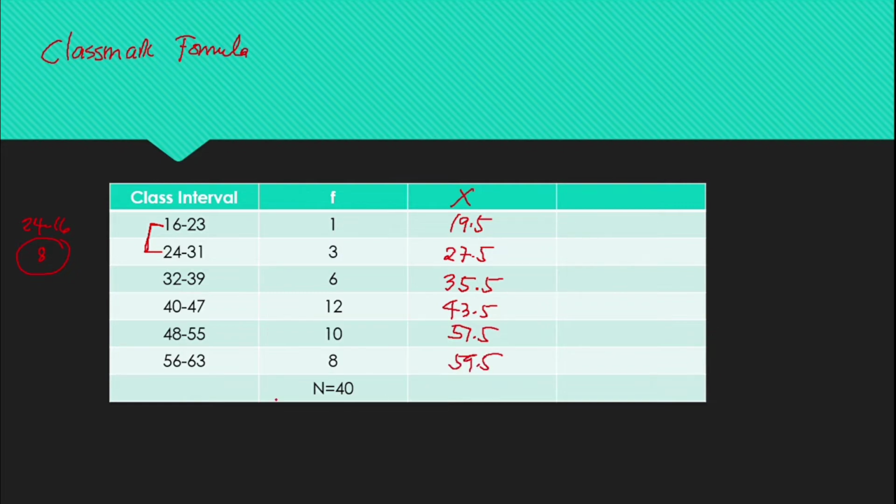All right. Next step is multiply each class mark or the midpoint by the corresponding frequency. And this will be entered here, which is f times x. So multiply it here. 1 times 19.5, we have 19.5. 3 times 27.5, we have 82.5. 6 times 35.5, we have 213.